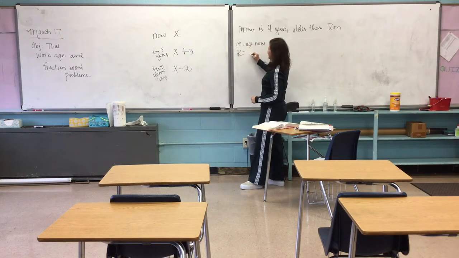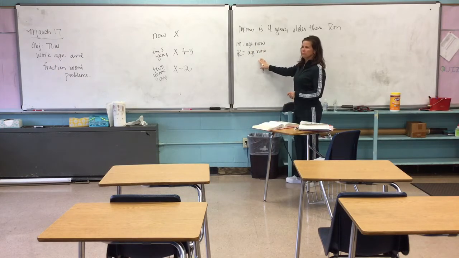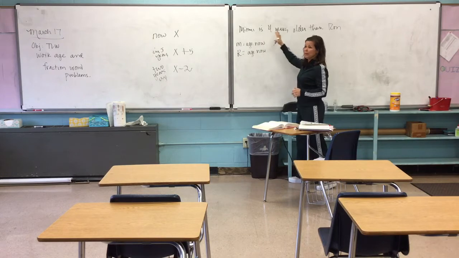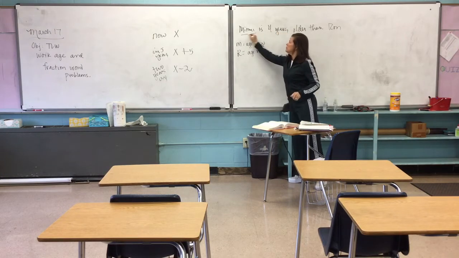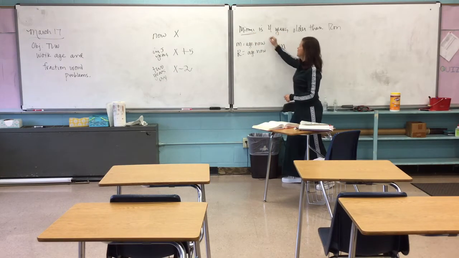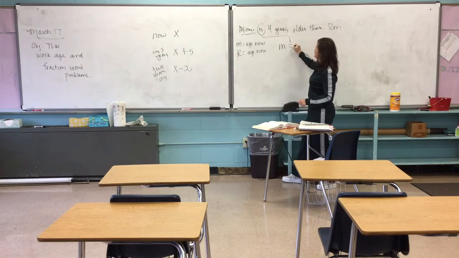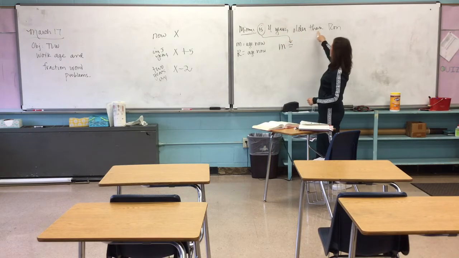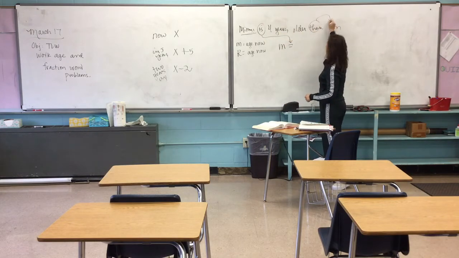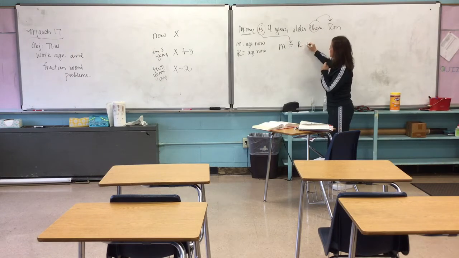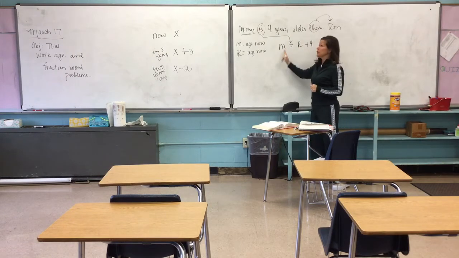And Ron, his age now, is an R. An equation that I can write from this is Mimi, who is M, is, put your equal sign, 4 years older than Ron. Then the rule says Ron goes first, Ron plus 4. That's your first equation from those words.